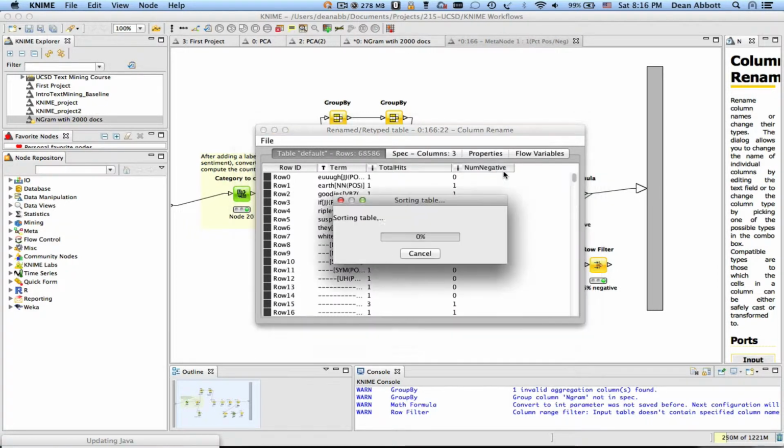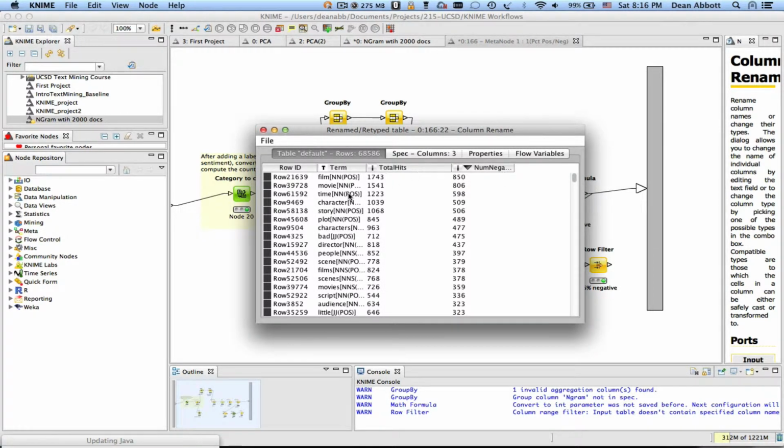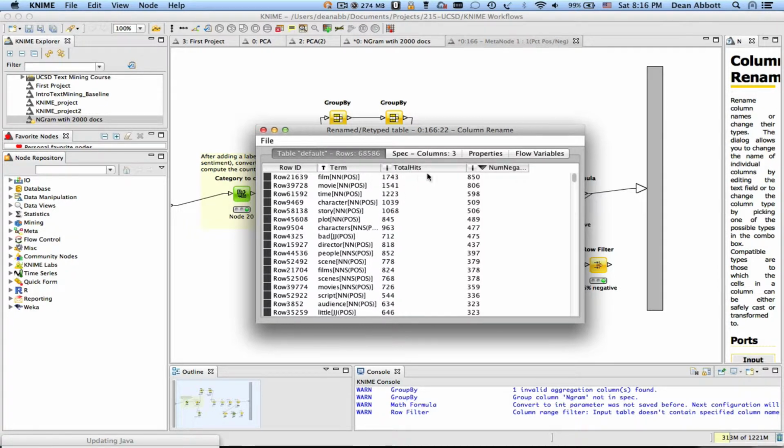I can sort this descending to find out which term has the most negative sentiment hits, and that is film. Film occurs in 1,743 documents, and of those, 850 are negative. Movie is the second most frequent, and so on. And you can see the first one that really is a sentiment is bad, occurring in 475 documents as negative sentiment.